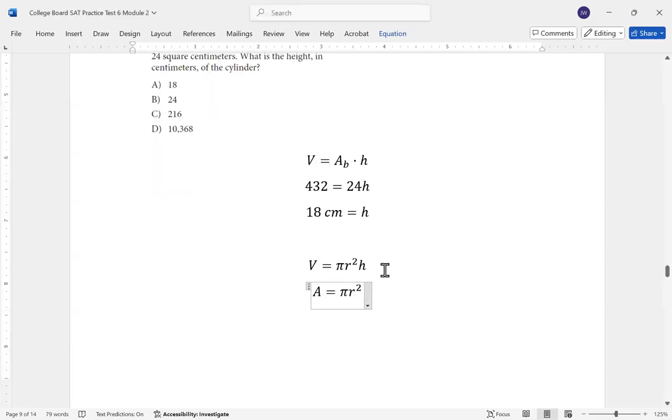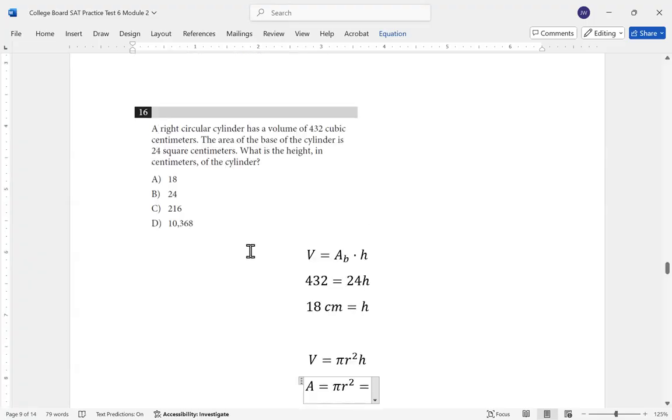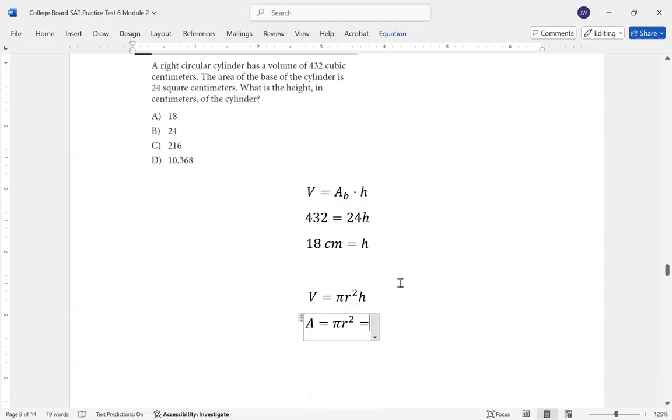So we can use those two formulas in conjunction. The volume of the right cylinder is pi r squared h, and since the base is a circle, the area of the base is pi r squared. Since the area of the base is 24, we know that the pi r squared part comes out to be 24.